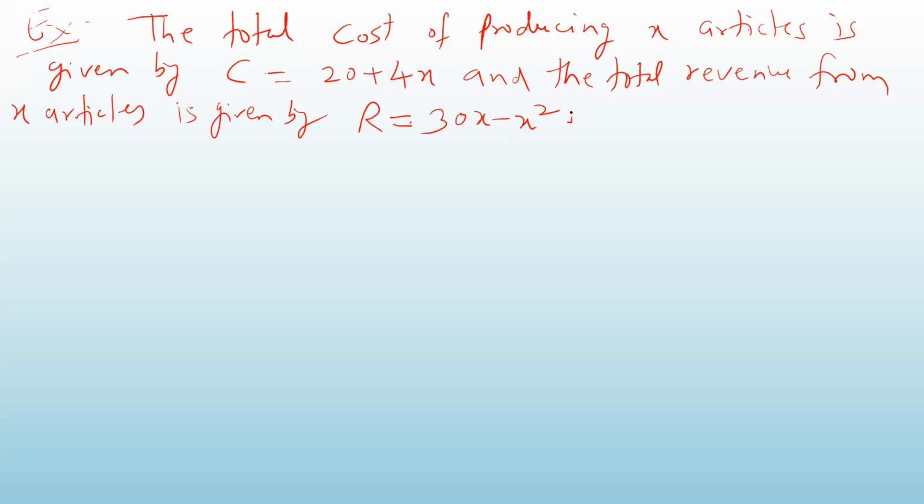So you are given the cost of manufacturing x units and the revenue obtained after selling x items, or when the demand is x.